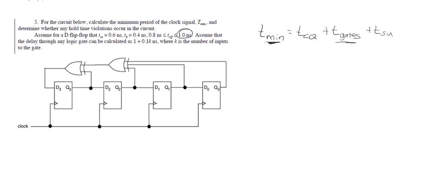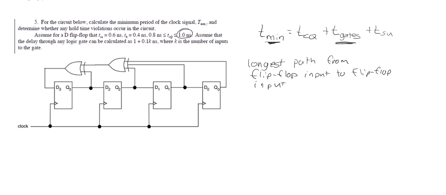Now, for the gates, we want to look for the longest path. Again, we're looking for worst case scenario. Longest path from flip-flop input to flip-flop input.